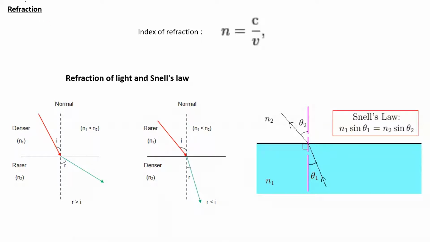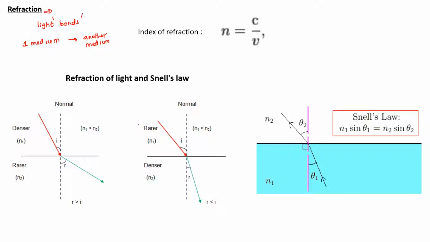So what is refraction? Refraction is the phenomenon where light bends when it goes from one medium to another. This is very important because in refraction, light actually goes from one medium to another.